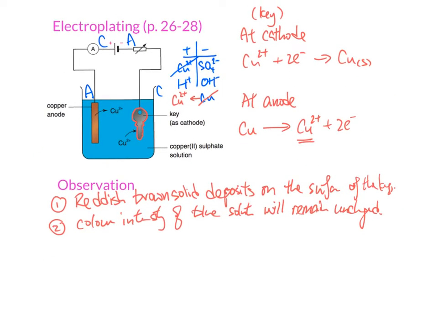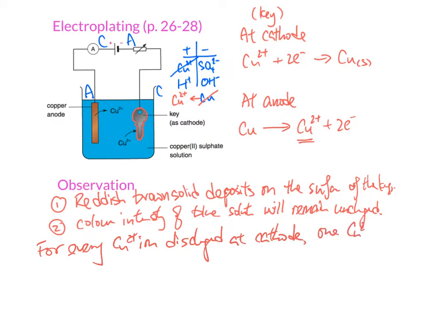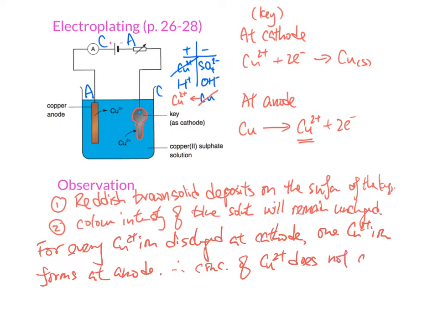For every Cu2+ ion discharged at the cathode, one Cu2+ ion will form at the anode. So you can find that the concentration of Cu2+ does not change at all. Therefore the intensity of the blue color will remain the same.